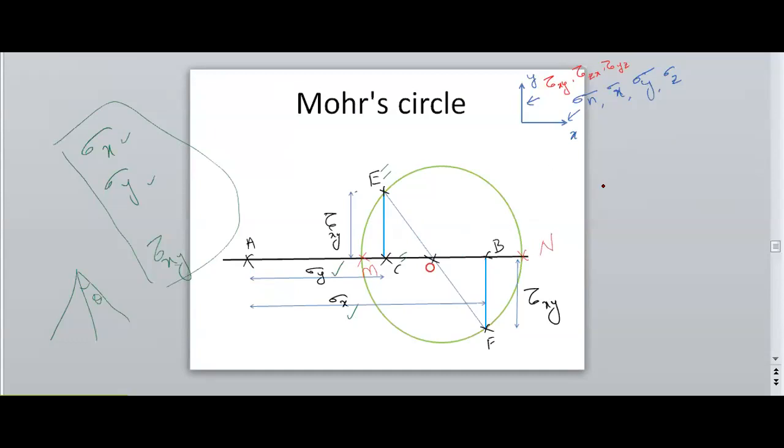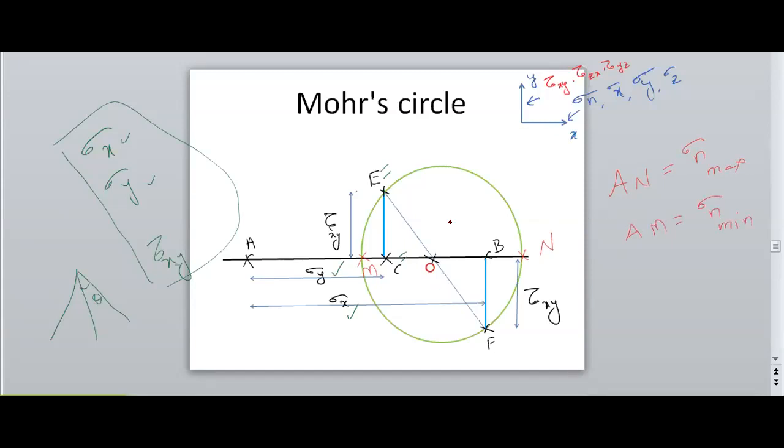Measure A to N, the point where the circle cuts the horizontal line. That is the maximum principal stress. And A to M is the minimum principal stress.